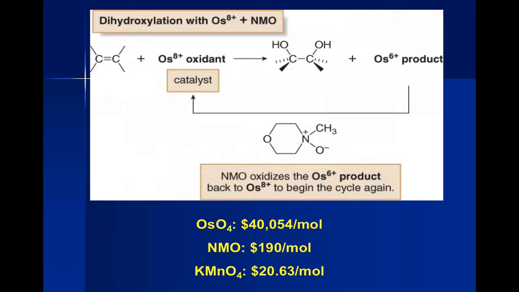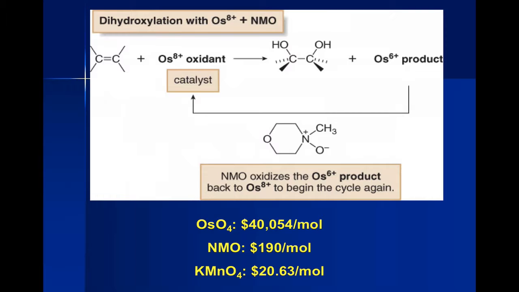Osmium 6+ is inactive, but we can use a mild oxidant which leaves an alkene alone, and that's NMO, N-methylmorpholine N-oxide, which can oxidize osmium 6+ back to osmium 8+, and the reaction can continue again. So we can actually make this reaction catalytic in osmium. So even though I'm paying 40 grand a mole for osmium tetroxide, I only need a little bit of it. I can recycle it, if you will.